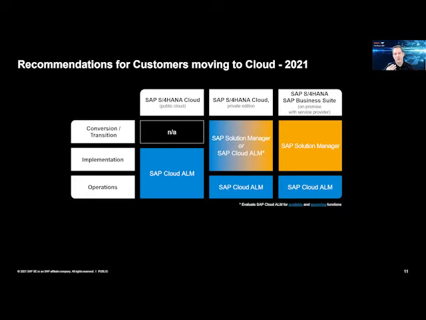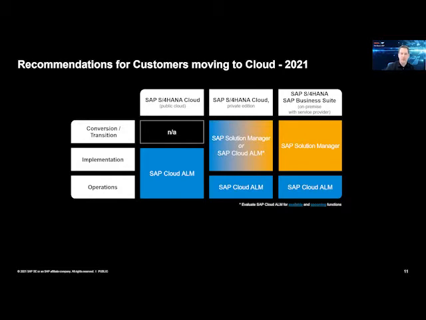When, on the other hand, you look at the SAP S4hana Cloud Private Edition, here it really depends on how you want to work it and how you want to do your project. And I will come to decision criteria in just a moment. Generally speaking, we recommend as a foundation for operations, SAP Cloud ALM. SAP Cloud ALM supports both public cloud and private cloud, and in addition also on-premise systems for SAP S4hana and the SAP Business Suite.